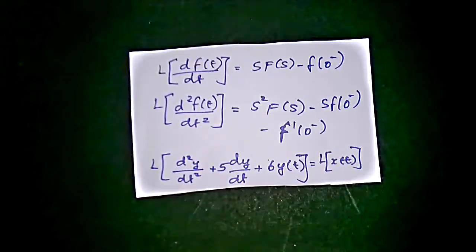Here it is already given that y of 0 and dy by dt at 0 are 0. That means y of 0 and y dash of 0 are 0.